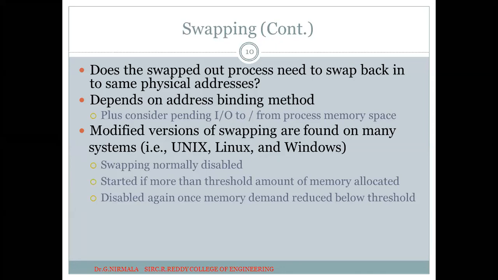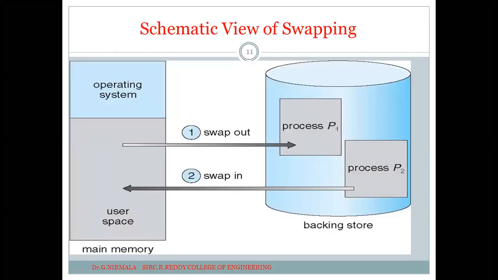Here you should observe one thing in this diagram. For example, processes P1 and P2 are in main memory. P1 needs 64 MB, but the main memory has only 52 MB available. What does the operating system do at that moment?